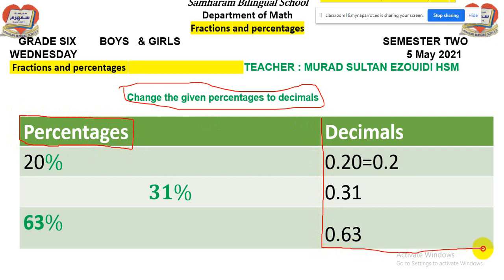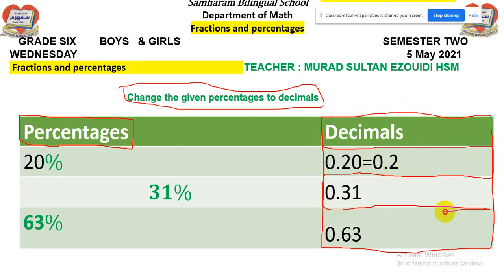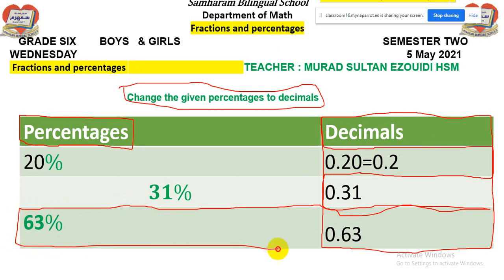Okay, this is decimals. Hurry up. I finished. Good girl. Did you write percentage, then decimals?